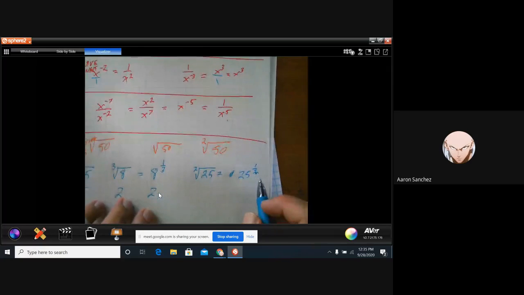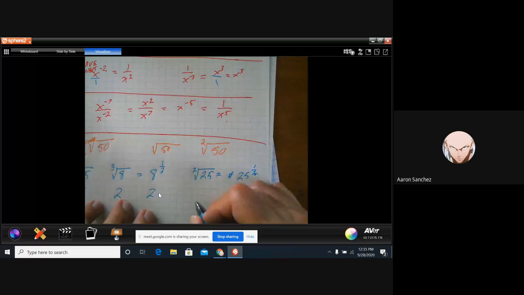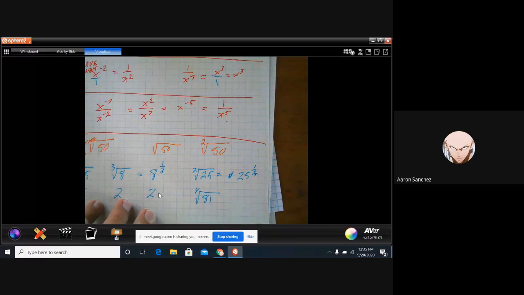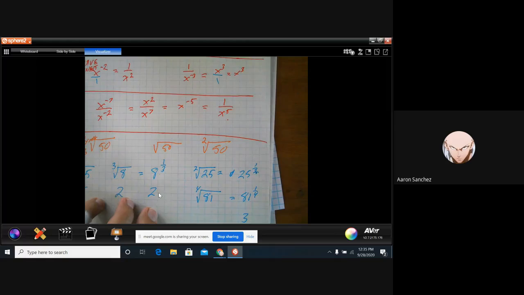So if I said the 4th root of 81, that means I could write it as 81 to the 1/4 power. Or what can I multiply by itself 4 times to get 81? 3. Okay? So hopefully you understand the fraction.